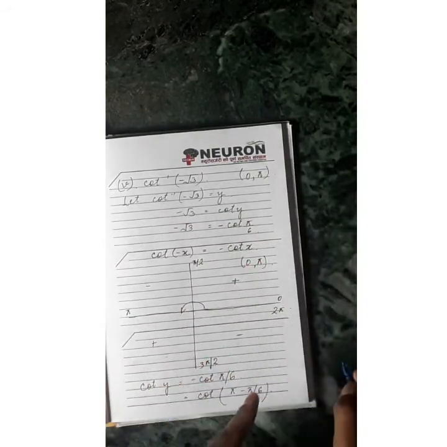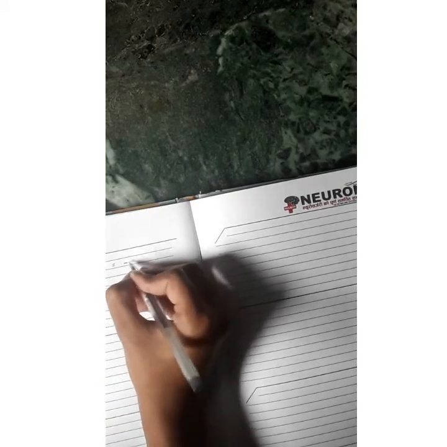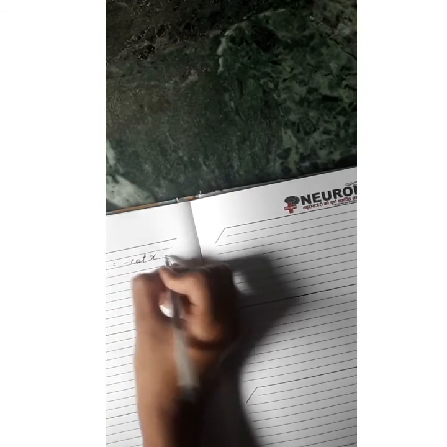So the value is the principal value. This is also an identity, dear students. Nothing from out of the book. This is cot of pi minus x is equal to minus cot x.